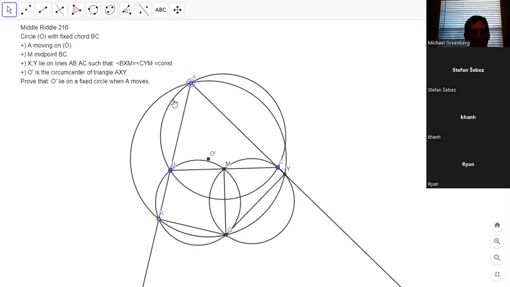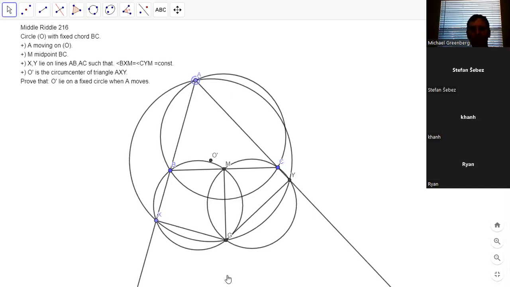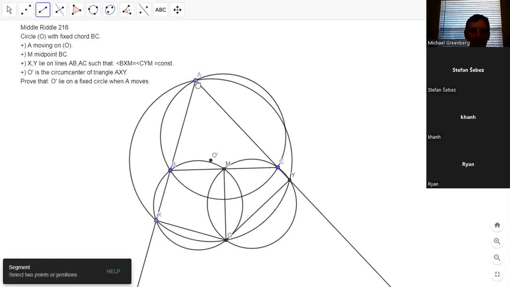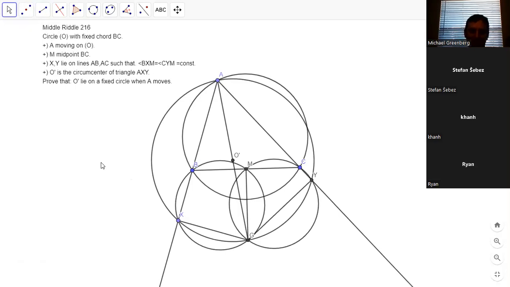G is fixed because G lies on the perpendicular bisector of this. And G is just like a random point on the angle bisector, and when you take those two circles, they will define exactly this angle, that constant angle, and basically that's it.